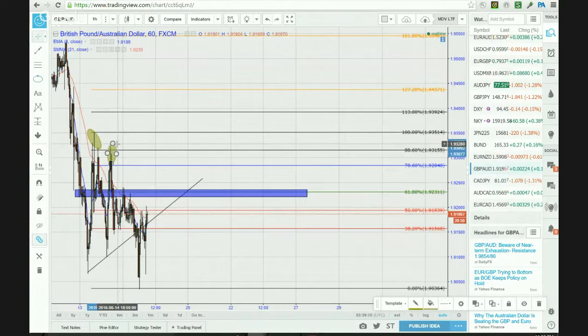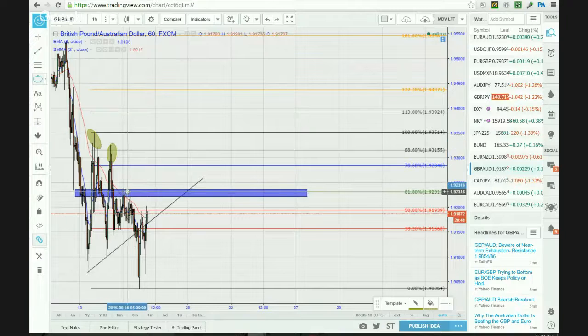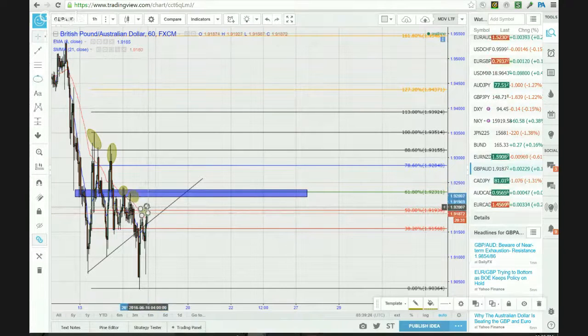You have a wick here, which is lower highs all throughout, another lower high, and this is where we currently are at.